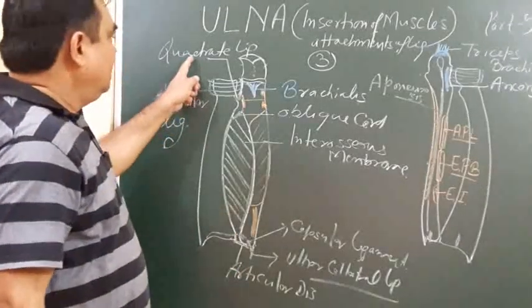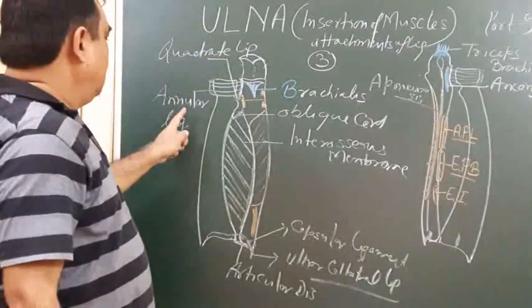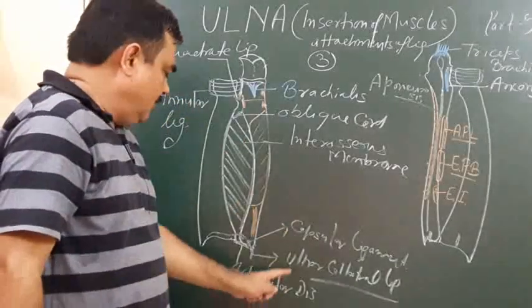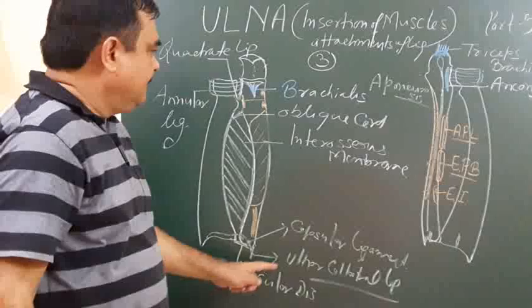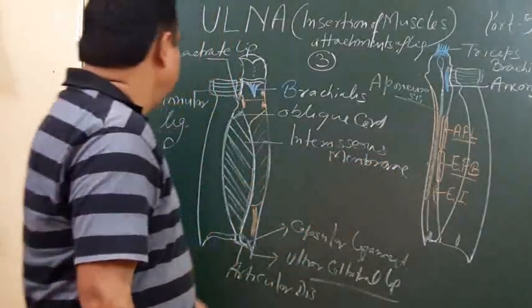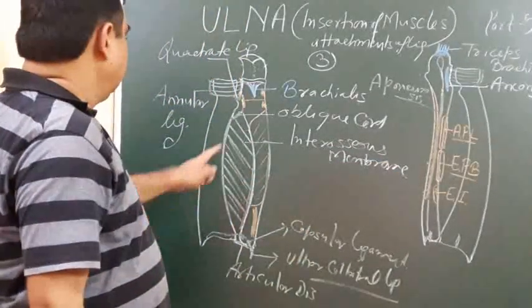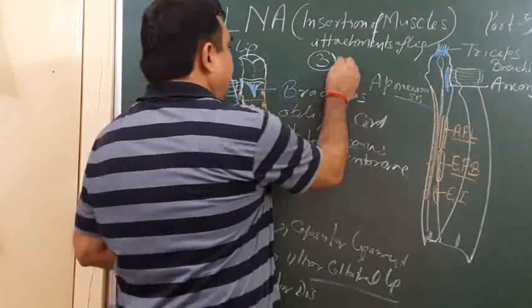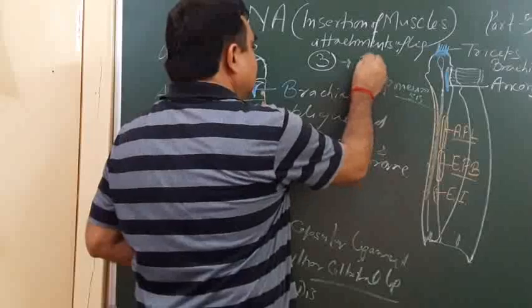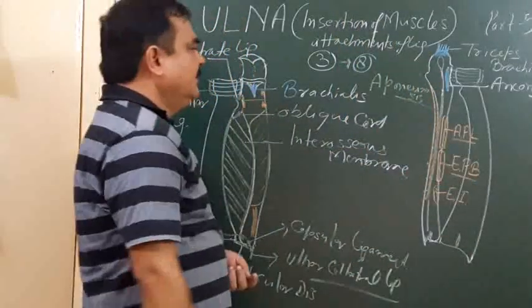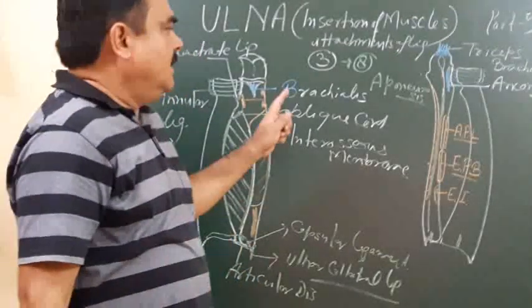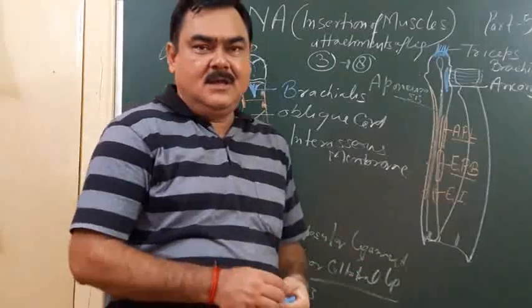One is quadrate, another 1, 2, 3, 4, 5, 6, 7, and 8. So these are 8 membranes or ligaments or cords attached to this ulna. So these are the attachments of the ulna.